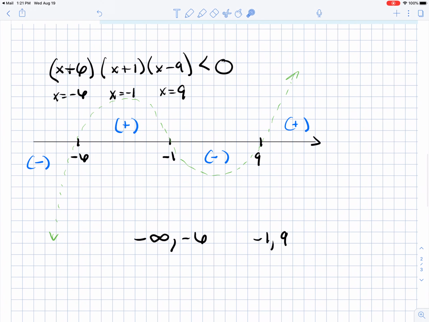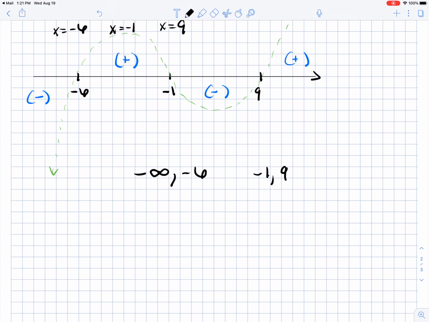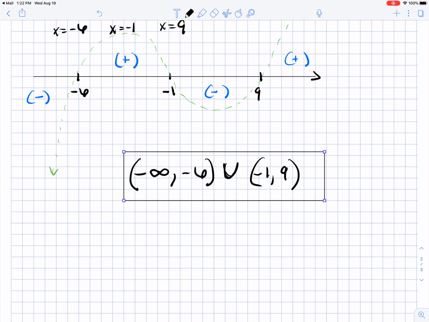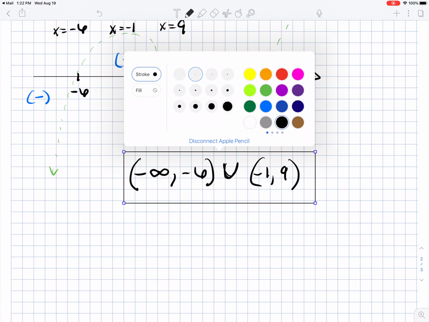Because the original is strictly less than, which means we cannot equal 0, all of these grouping symbols are parentheses. Infinity always gets a parenthesis. We combine the intervals with the union. Any number in this interval is going to make the original true.